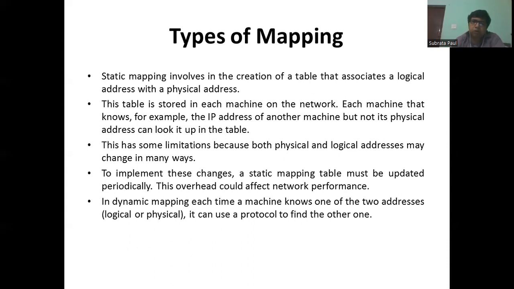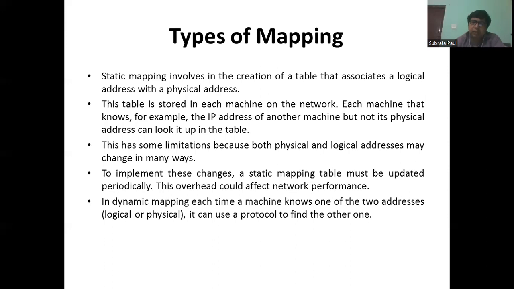Whenever a machine needs to find the IP address, it looks at the table and finds the IP address corresponding to the physical address, and vice versa.